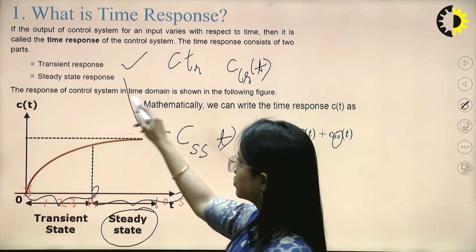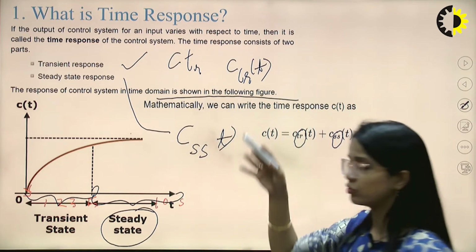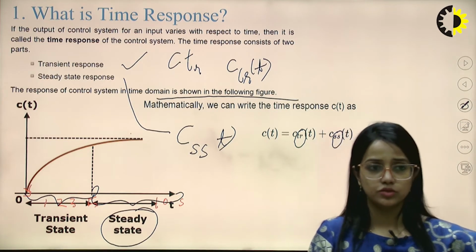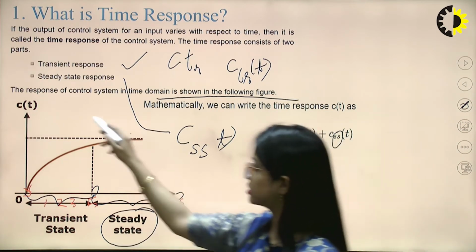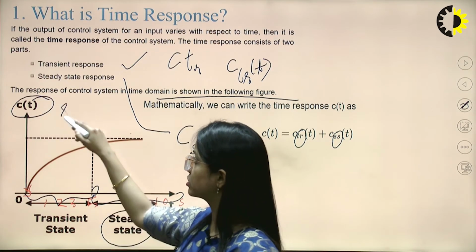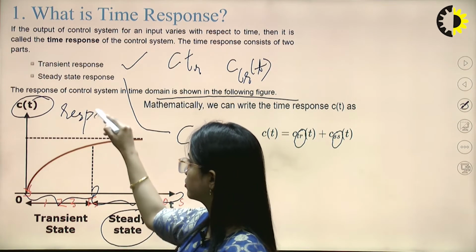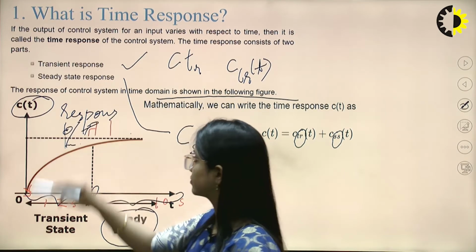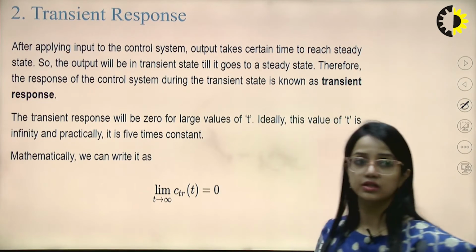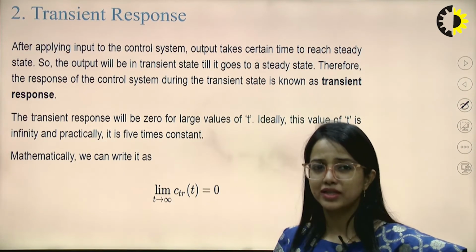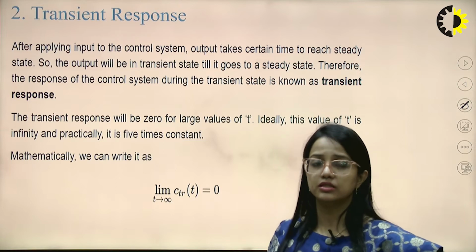The response of control system in time domain is shown in the given figure. Mathematically, we just add two of them. So this c(t) is nothing but the symbolic representation for response, or we call it output as well. Here, after applying input to the control system, output takes certain time to reach steady state.